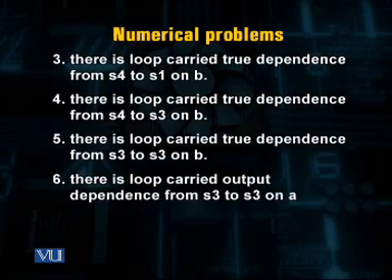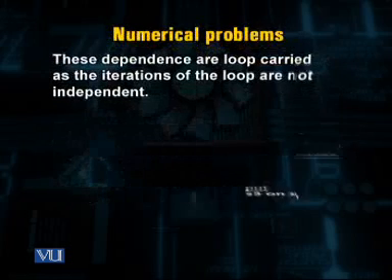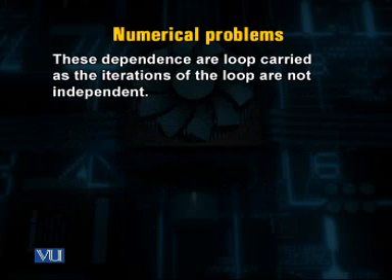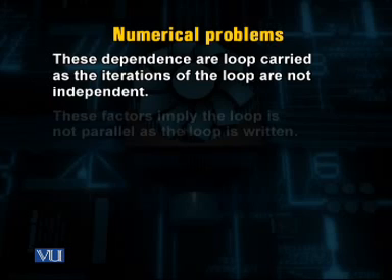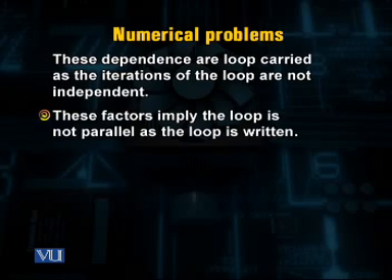Whereas here in this case, the dependencies 3, 4, 5 are true dependencies, and they cannot be removed by renaming or any such technique. Thus, these dependencies are also loop carried dependencies, as the iterations of the loop are not independent. Lastly, these factors imply that the loop is not parallel as the loop is written.